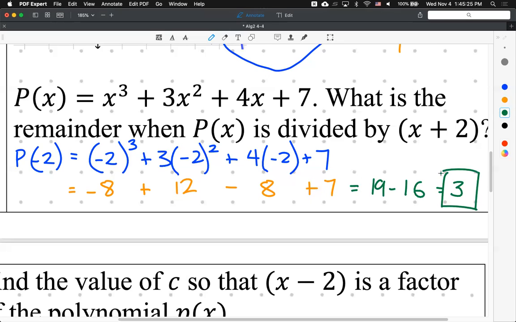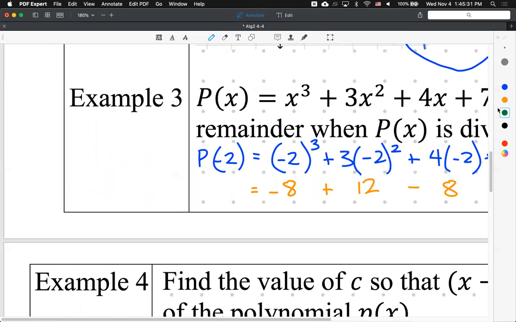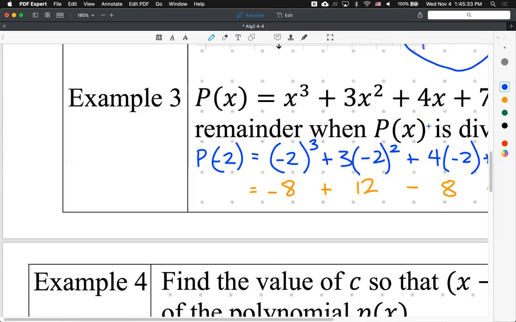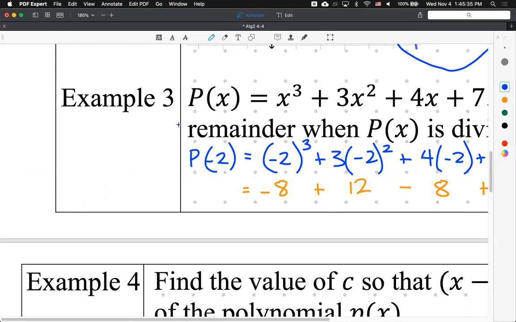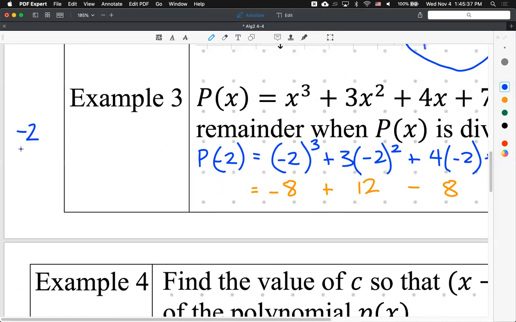If I did synthetic division, I should also get 3. You guys want to check that to verify? Let's try it. So mini synthetic division over here. I'm going to divide by, so -2 is going to be in the top left. My coefficients are 1, 3, 4, 7.